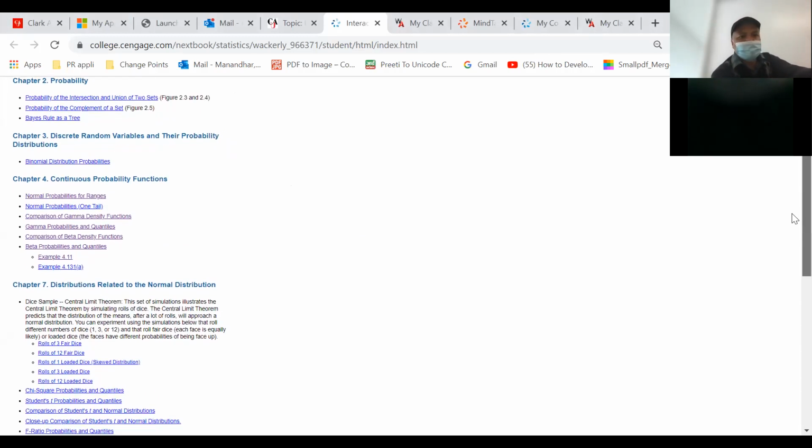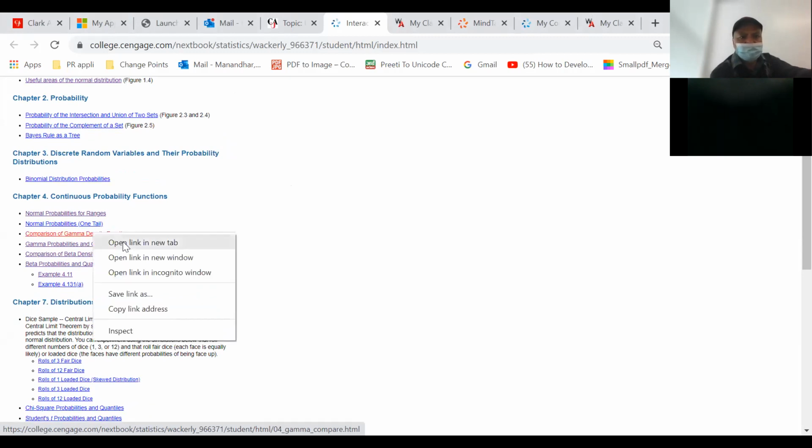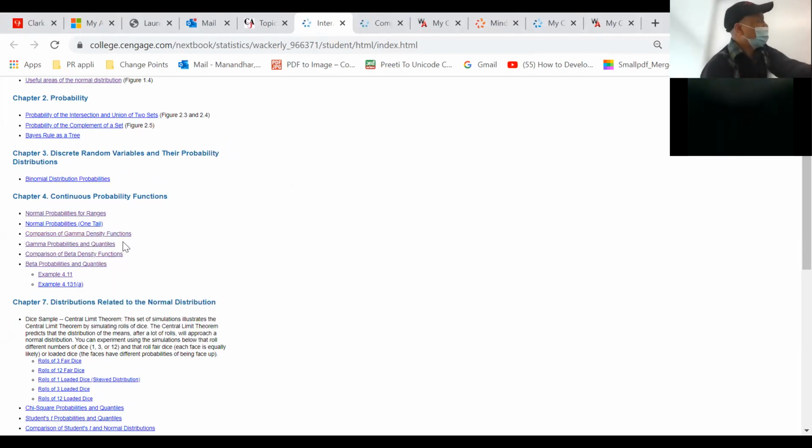In the CMAT resources here, it has a chapter 4. In chapter 4, you have the gamma probability and quantiles, and compare the gamma density. If you click compare the gamma density here, do you see that one?